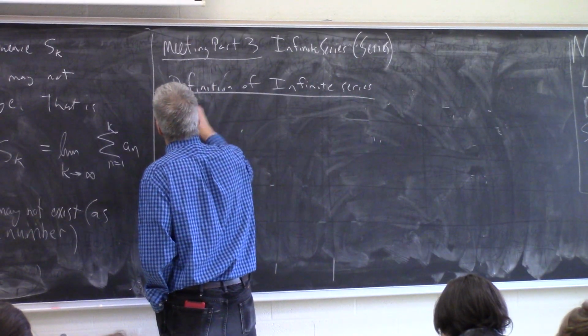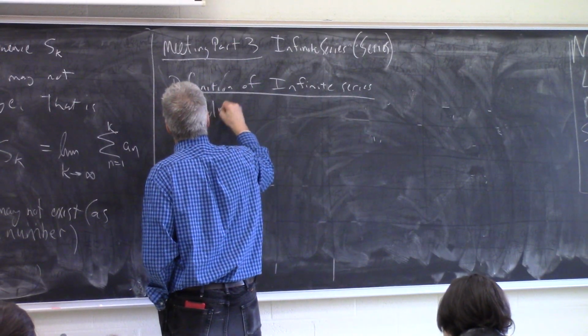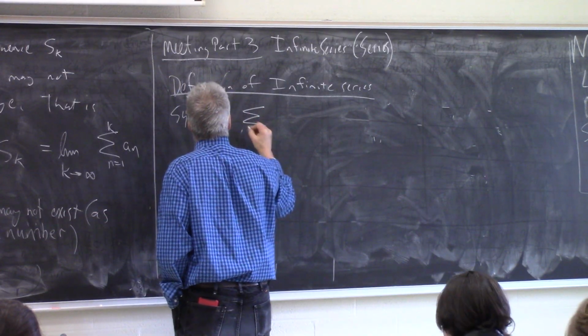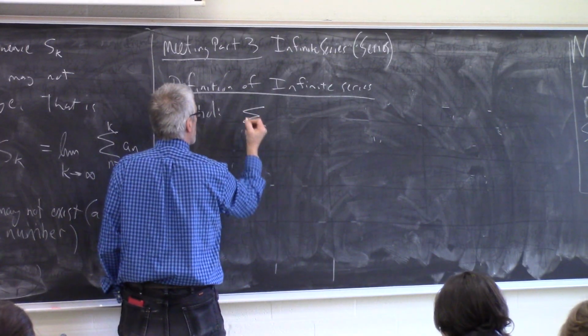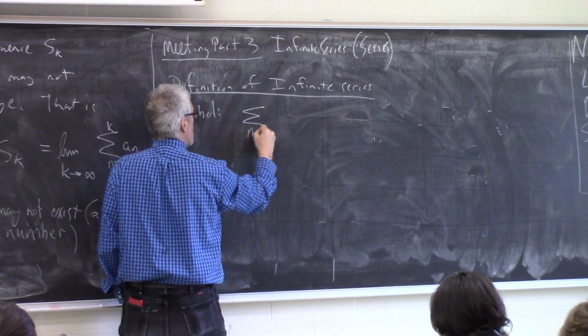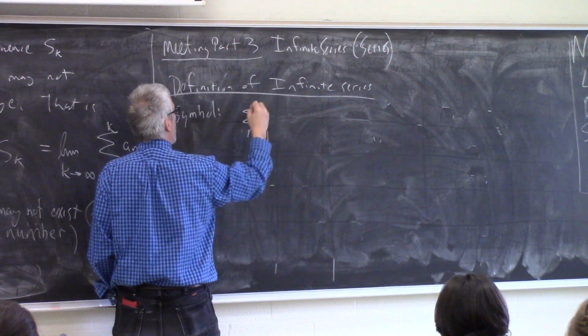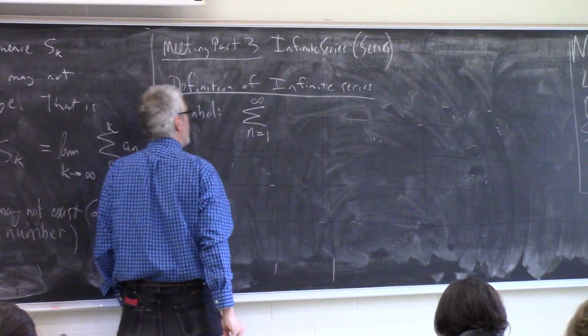So here's the symbol. You have the summation symbol, and the index is n equals 1 all the way to infinity.